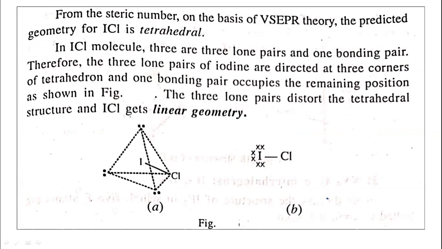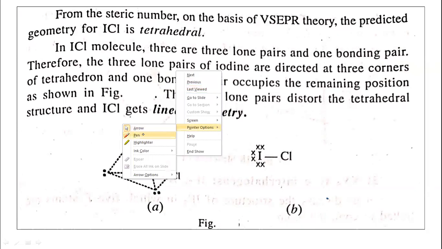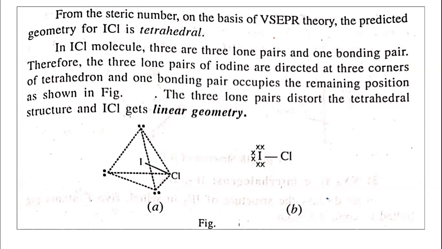This indicates that the expected, or predicted, geometry of the molecule on the basis of steric number 4 is tetrahedral. But there is only one bonding pair of electrons. In the ICl molecule, there are 3 lone pairs and 1 bonding pair.